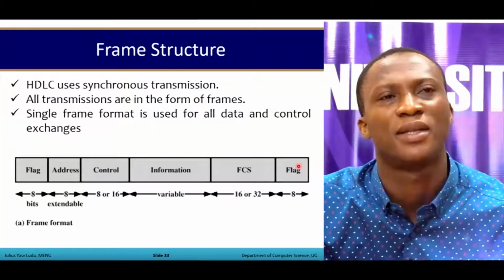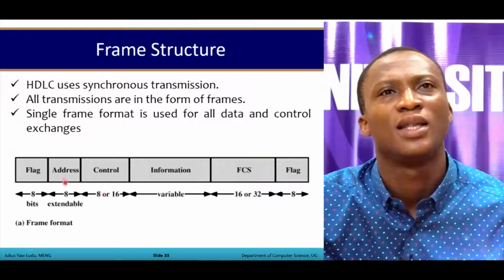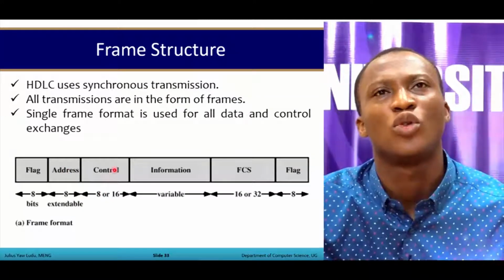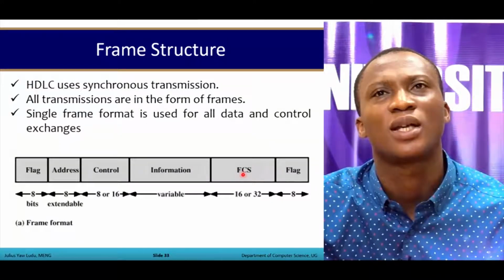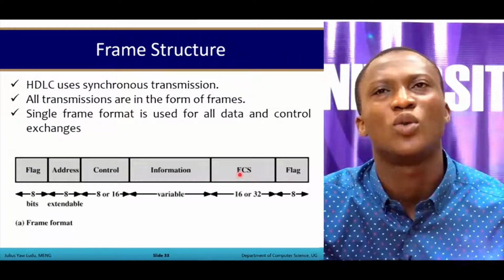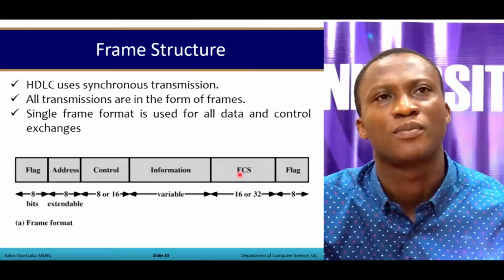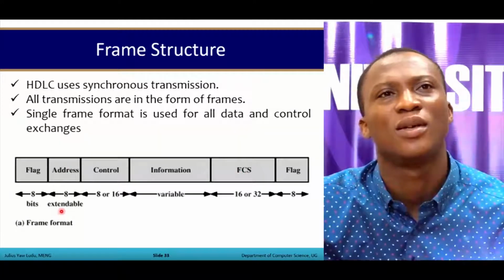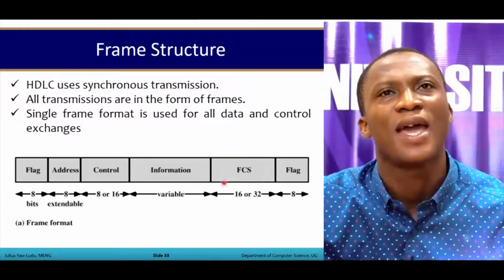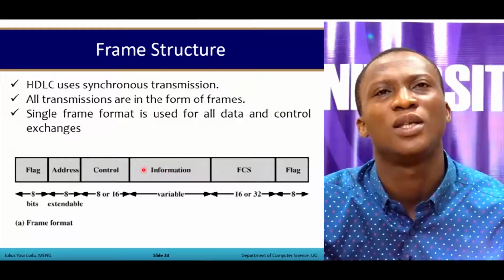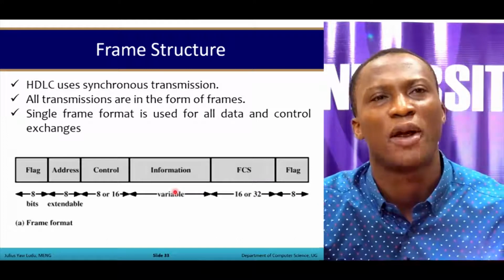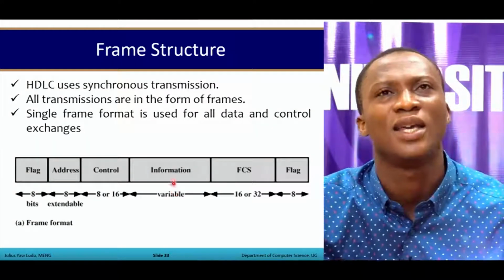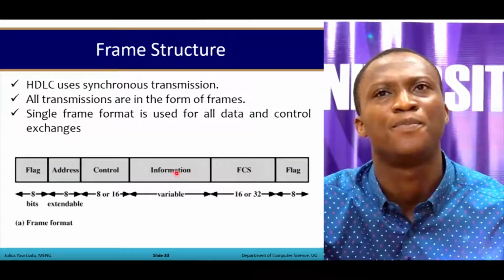It has 8 bits. Next is the address, the control, the information, then the frame checksum, which takes 16 to about 32 bits. The address can be extended, and the information, or the data that we want to provide, is variable.